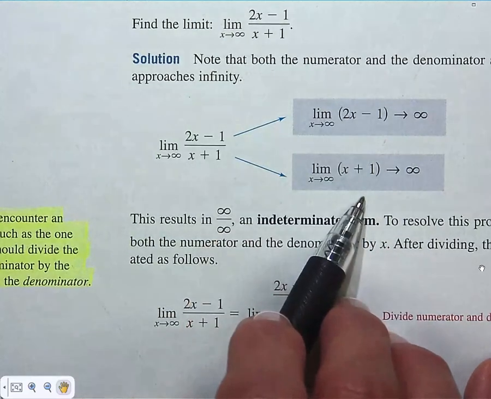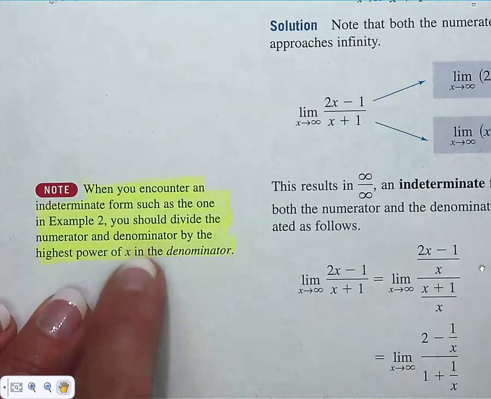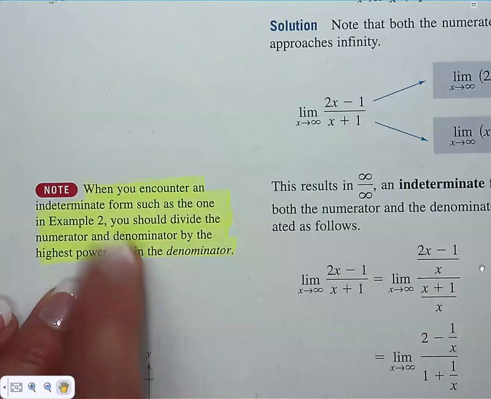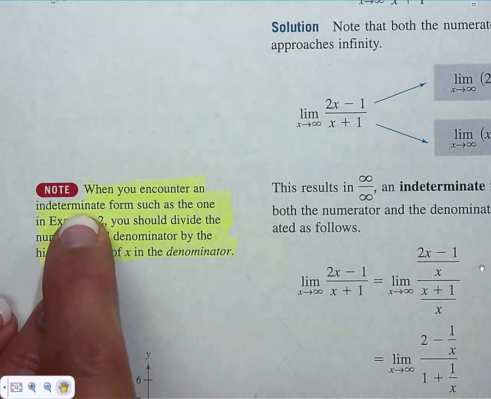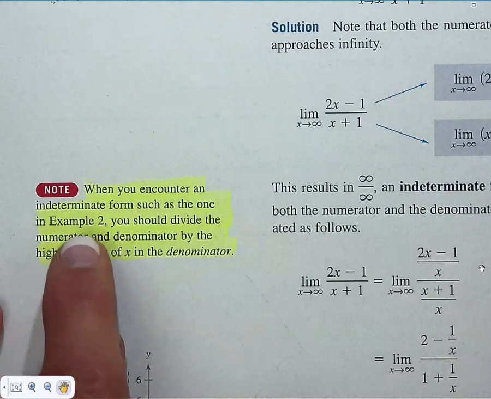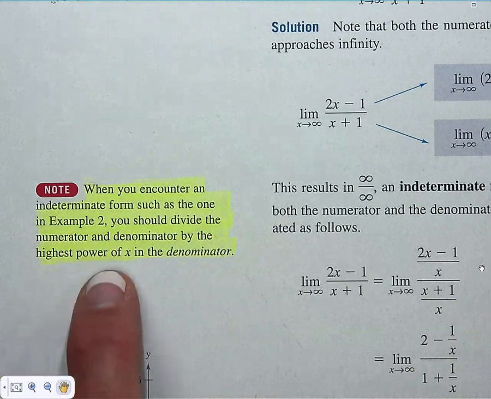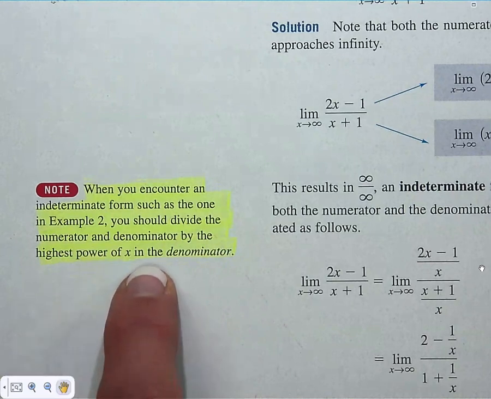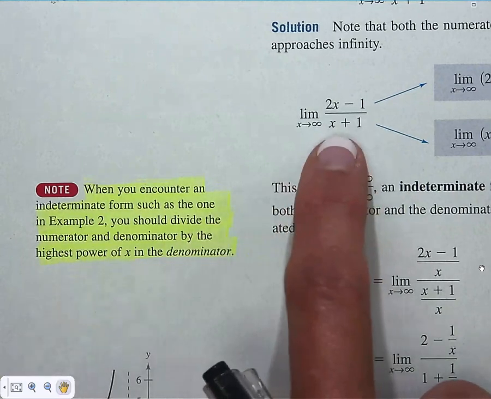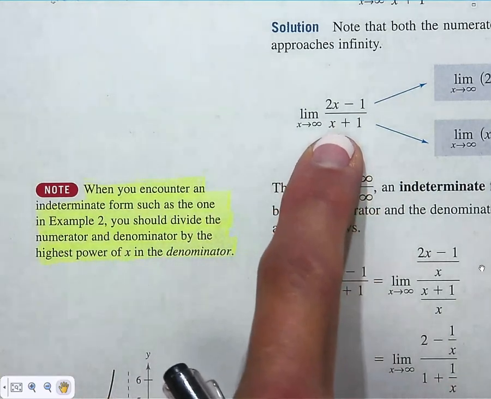So one way to resolve that indeterminate form is what I've highlighted in yellow on page 237. When you encounter an indeterminate form, such as the one in example 2, you should divide both the numerator and the denominator by the highest power of x in the denominator. The highest power of x in the denominator is just x to the first.